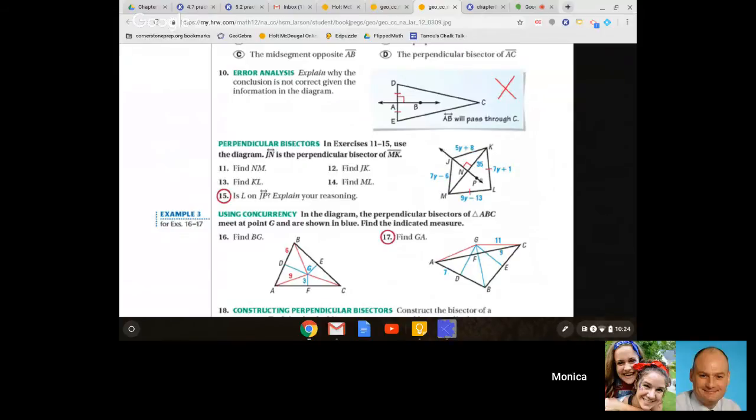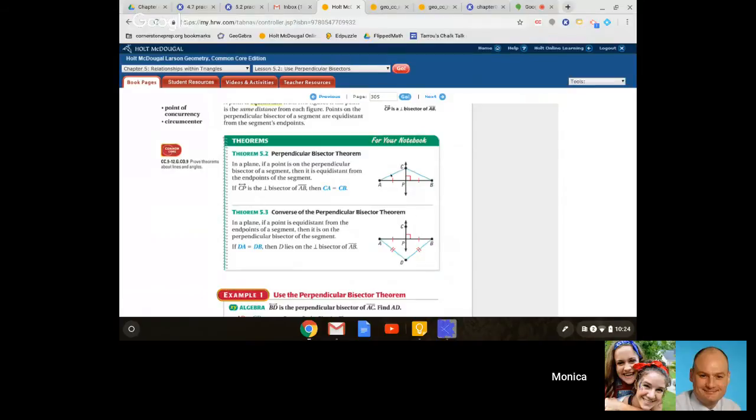We proved that this is a perpendicular bisector because we can see down here, with number 11, we proved that this is a perpendicular bisector. So that means that these sides are also congruent to each other. So we know that we have two congruent parts here. So that tells us that AC and BC are congruent.